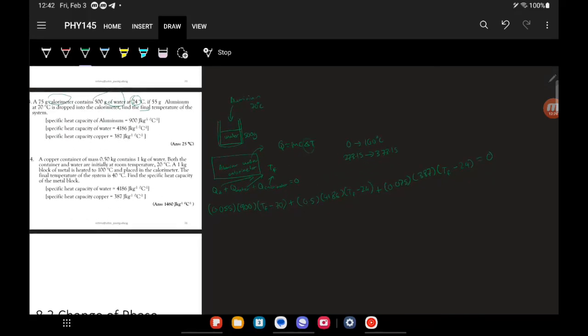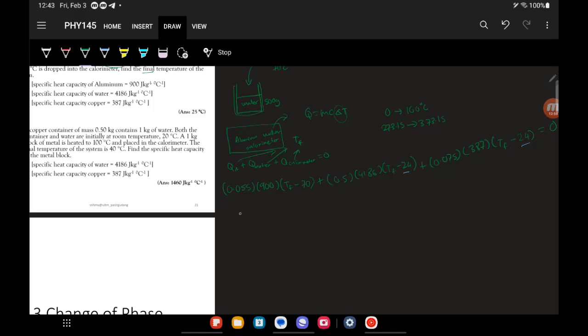So solve this by having all of this. This is just mathematics, but I'm going to show you an easy technique. Leave the TF terms on the left side, and the terms that multiply the initial temperatures go to the right side of the equation. So we're not going to have any zero anymore.